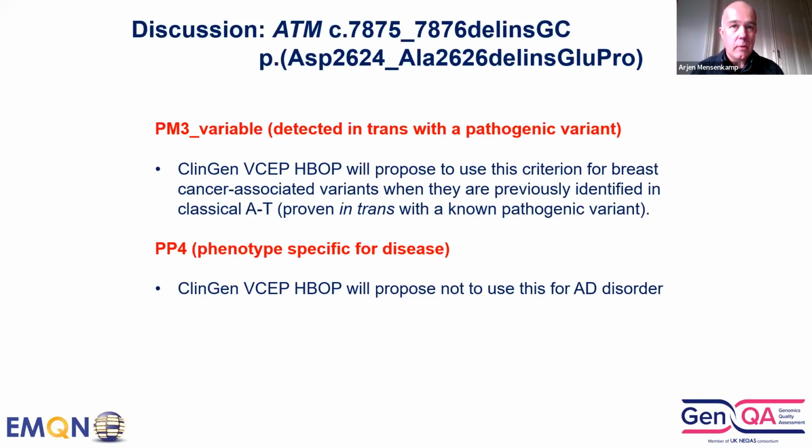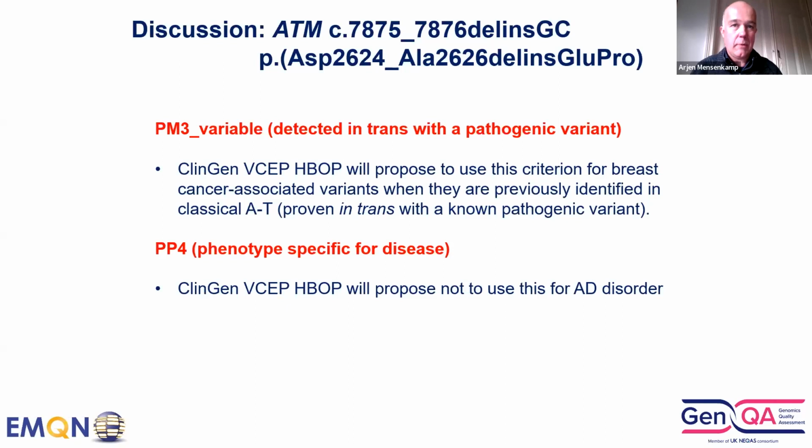Well, PM1 we did not apply as the mutation is not in a hotspot. The fact that it is in a domain is not giving enough evidence for pathogenicity. And PP3 is also very difficult because it's a delins. The first amino acid that is changed is not predicted to be deleterious. The second one is predicted to be deleterious.